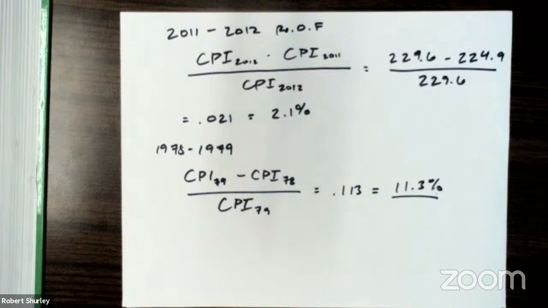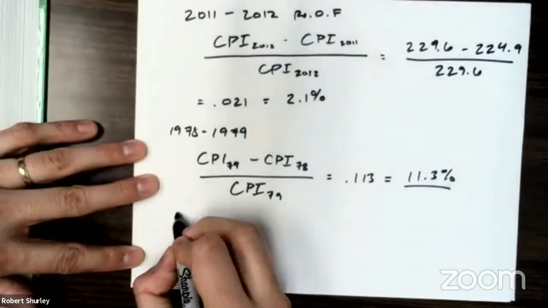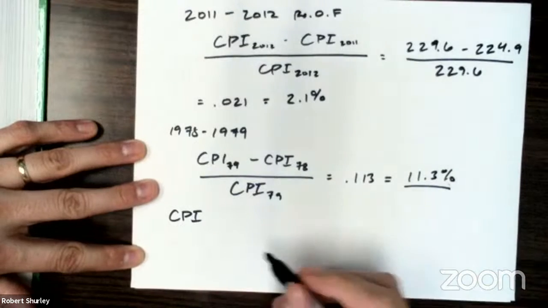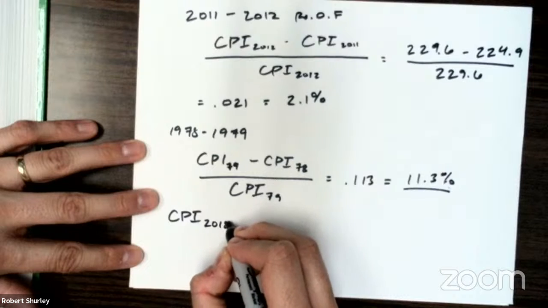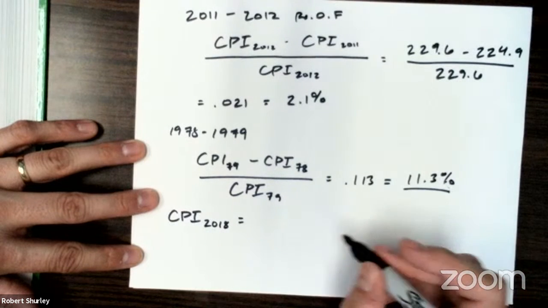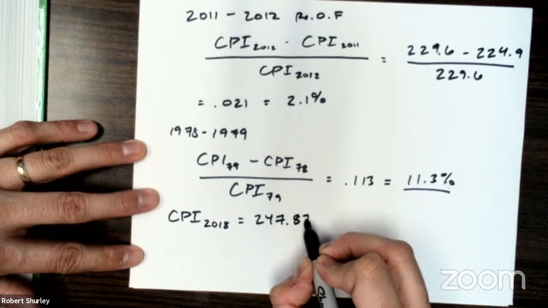And I'll tell you, if we look at the rate of inflation from the last few years, I'm using this straight off the Bureau of Labor and Statistics. If we want to look at a more current rate of inflation, this is from January 2018 to January 2019. Okay. So the CPI, the Consumer Price Index for January 2018 is 247.87.